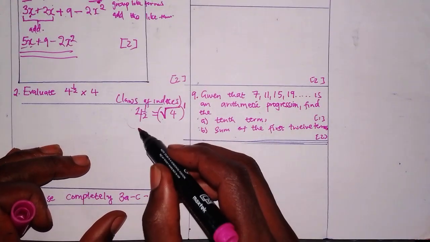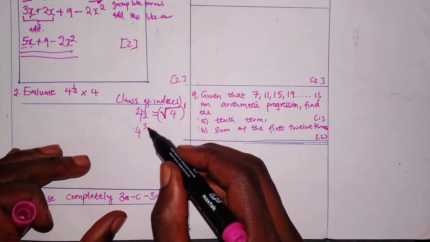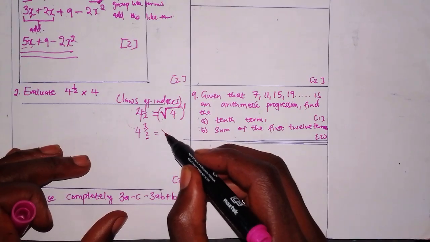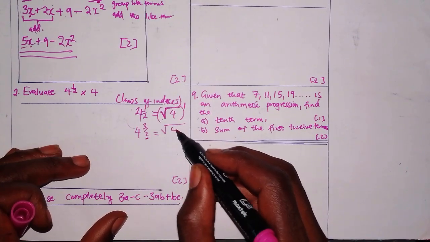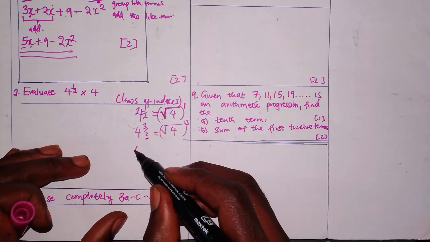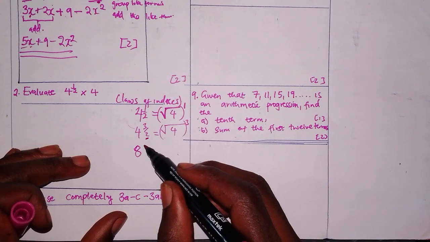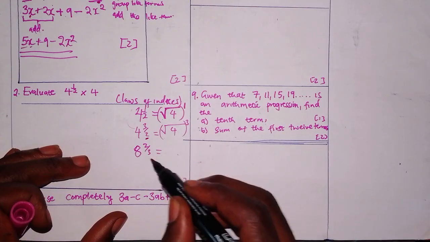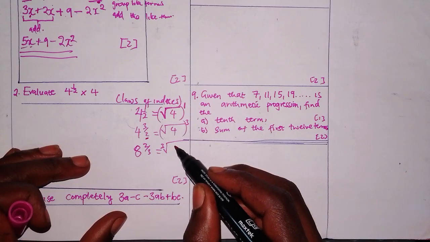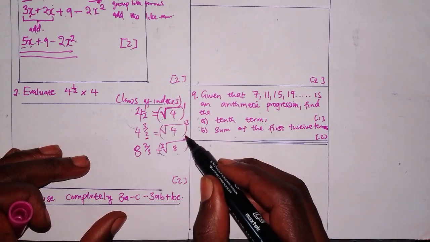Another example: if you have 4 to the power 3/2, you take what is down, then this top number becomes the power. Again, if you have, let's say, 8 to the power 2/3, you take what's down here, which is 3, then 8, then 2.